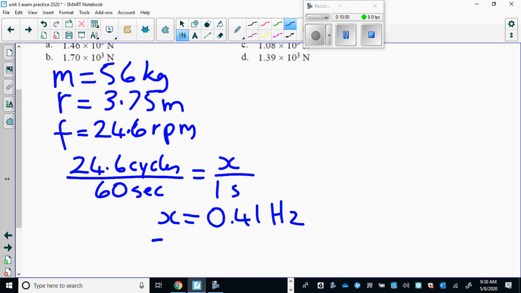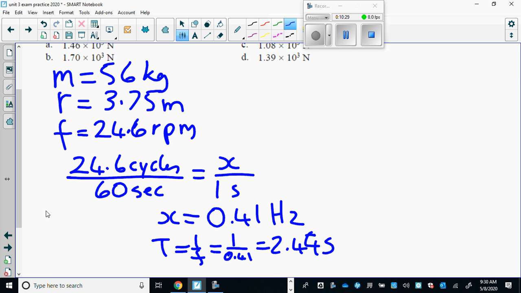And if you want to find the period, that is 1 over the frequency. So 1 divided by the answer would give us 2.4 seconds per cycle. So let's just review. The frequency is cycles per second, and period is seconds per cycle.